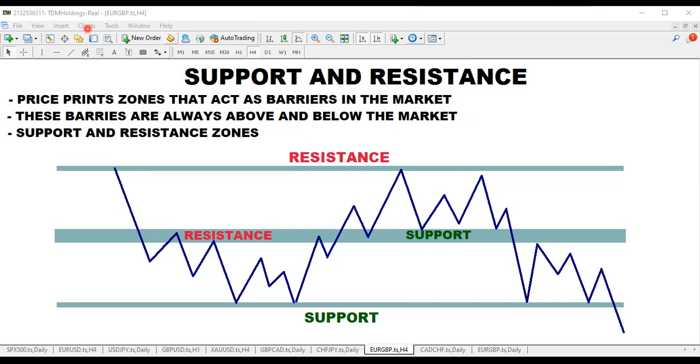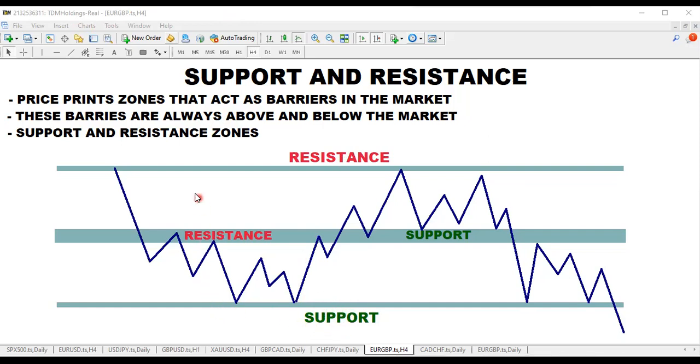And now these barriers, these zones will always be above and or below the market, right? Now, these zones are your simple support and resistance. So a resistance is a zone and will always be a zone that is above the market. Support will always be a zone that is below the market.